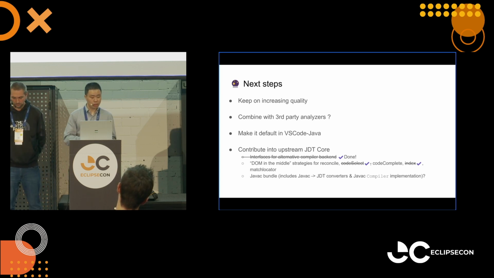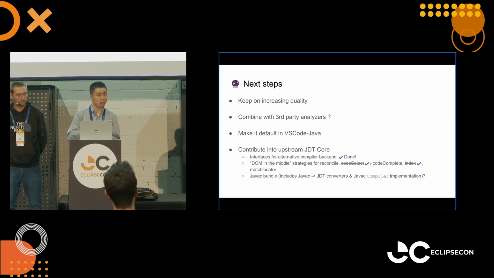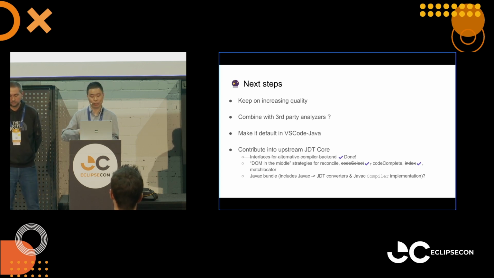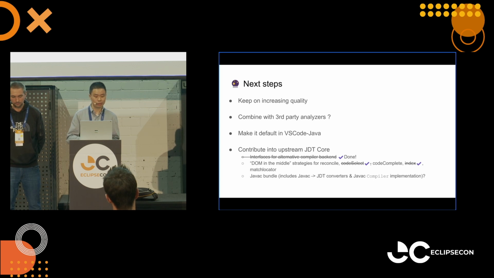We also put all the Javac related work in a fork of the JDT core. There's a Javac bundle. It includes the model conversion between the Javac model and the JDT model, and also the Javac compiler implementation. We also consider contributing this back to JDT core. So these are our next steps.